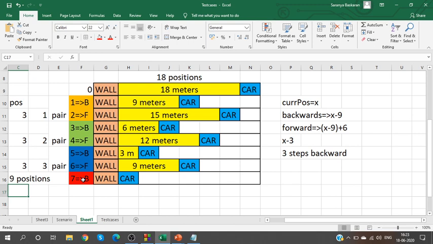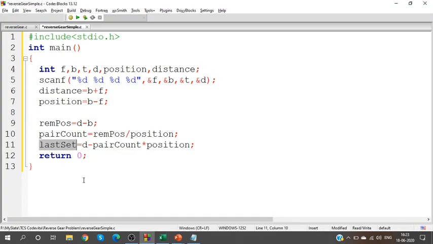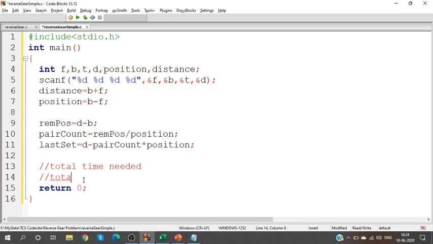Okay. Now what should you do? You should calculate the total time needed. How can I calculate the total time needed? See, total time is equal to total distance into time taken for 1 meter. Yes.